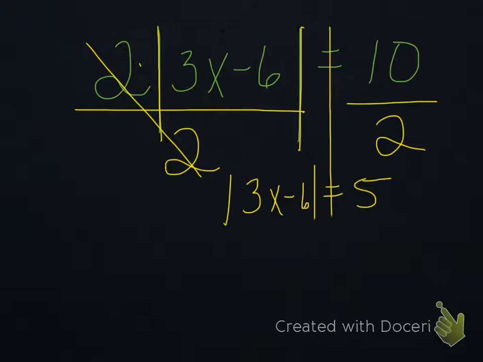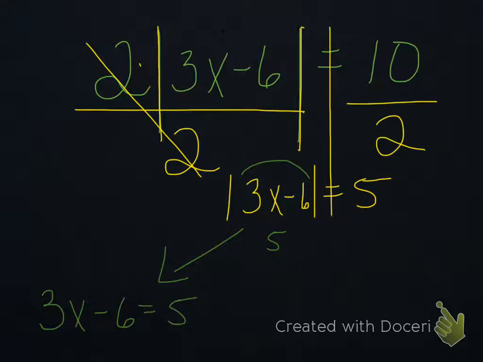Now, in order to do that, I don't want this bar down the side, and I'll show you why. One option is my positive option, and I'm going to give you that in green. I could have the 3x minus 6, this quantity here, give me a positive 5. That way the absolute value of it would be just straight out equal to 5.